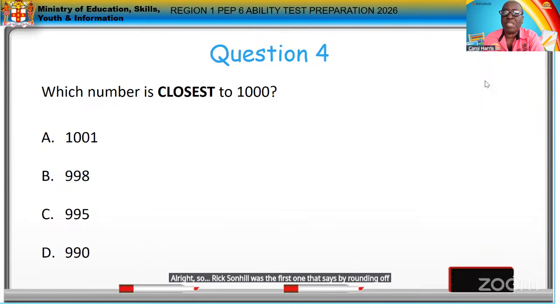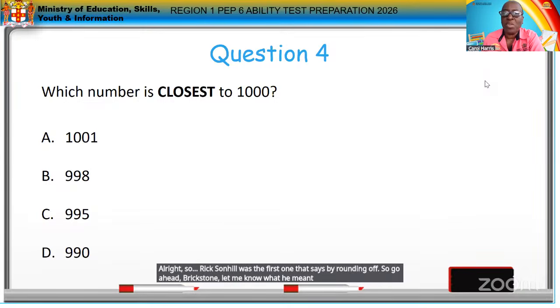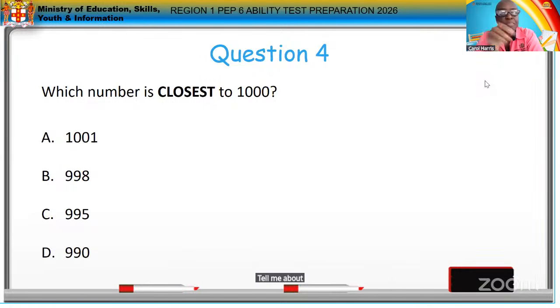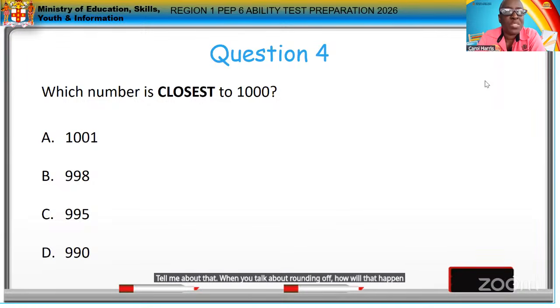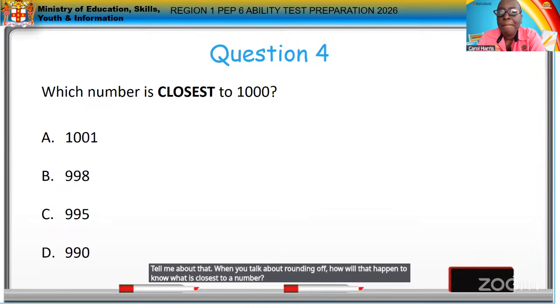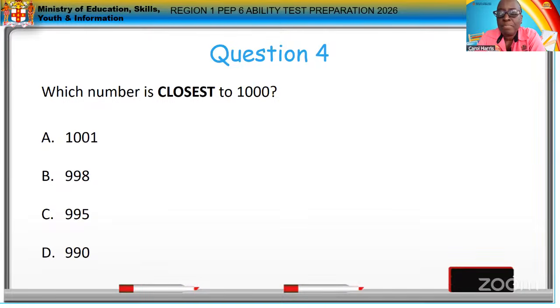So go ahead, Brixton, let me know what you meant. When you say rounding off, how will that help you to know what is closest to a number? Can you unmute and let us hear that?